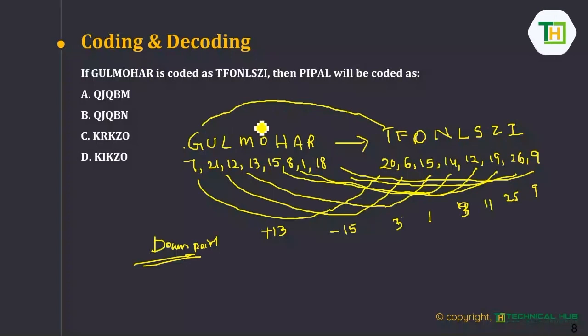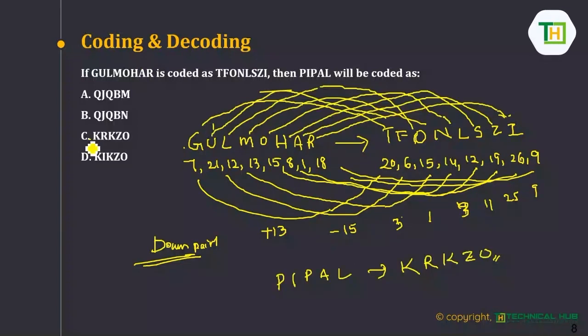So 7 plus 20 is 27, 21 plus 6 is 27, and 12 plus 15, both are adding here 27. So this is the other logic. Okay, so the first logic is complementary pairs and the second logic is adding the given letters with the respective code letters, the sum is 27. Okay, clear?